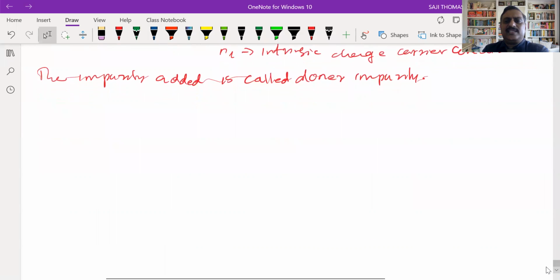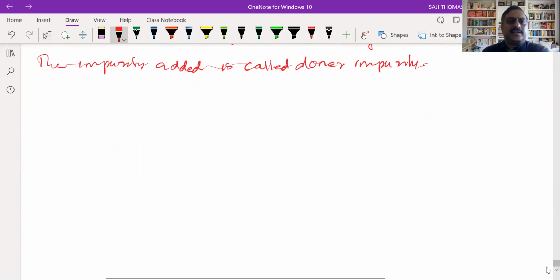Now I am going to draw the energy level diagram for N-type semiconductor.